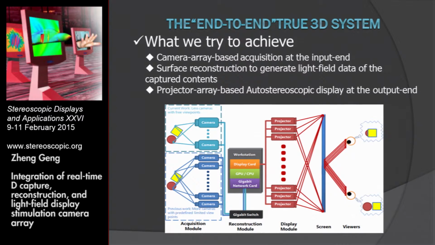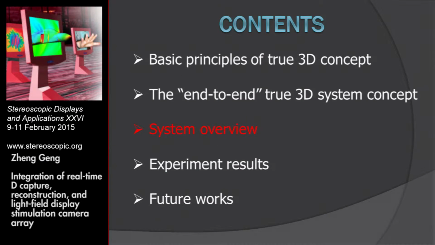What we try to achieve is, at the input end, camera array-based acquisition, and we reconstruct using the captured data to generate the light field data and feed it to the projector array and display it.